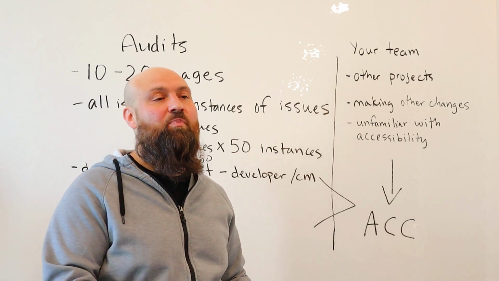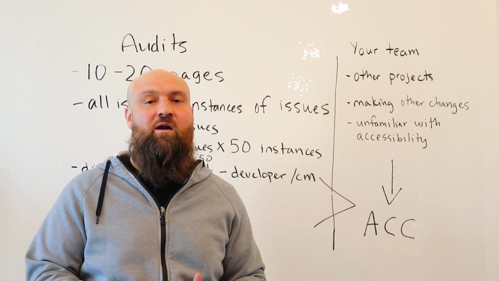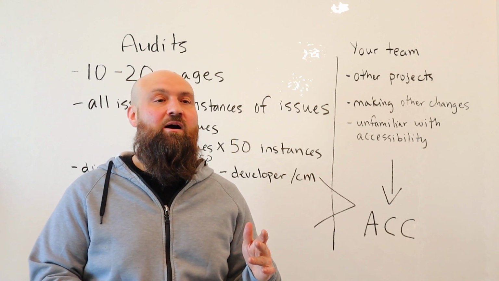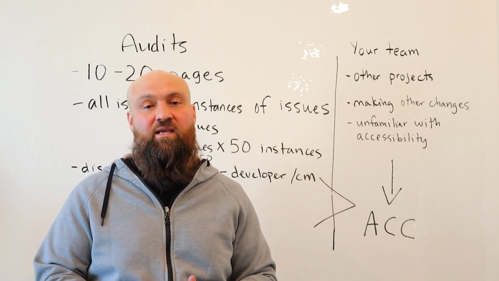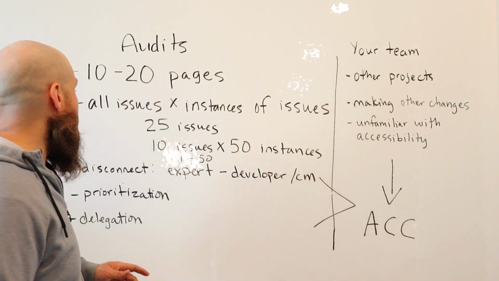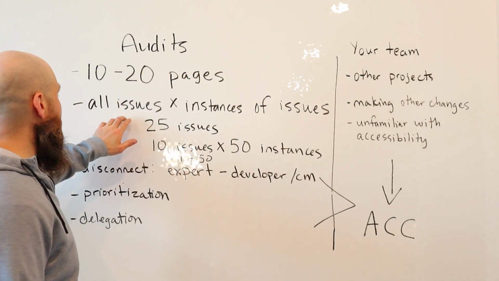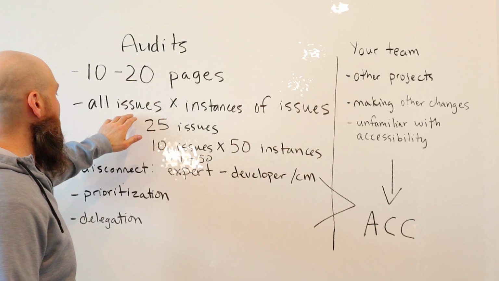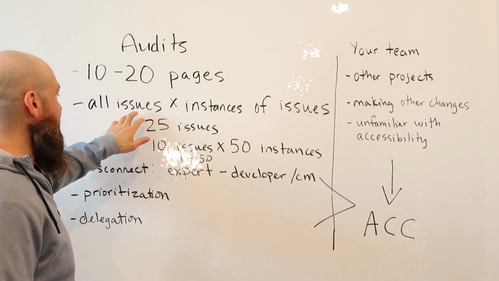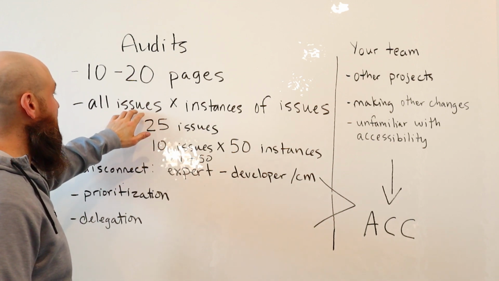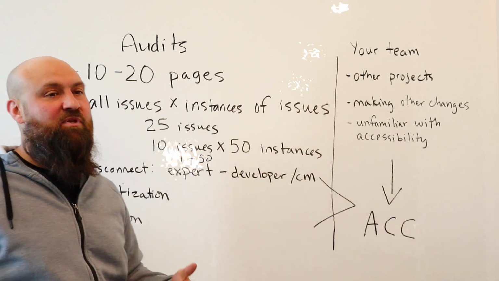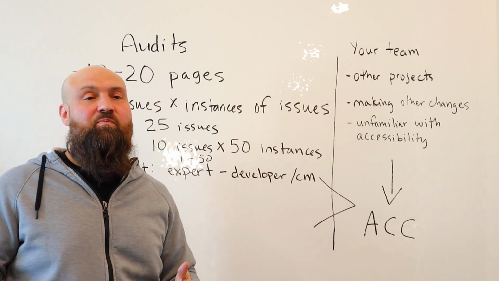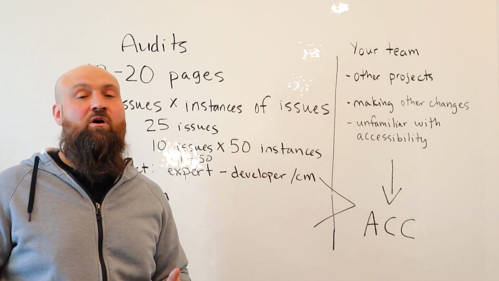This could be the home page, the product page, the cart page, the checkout page. It could be the registration page, the account page, etc. And so the audit is going to return, optimally, all of the accessibility issues that exist on these pages. I say optimally because it really depends on the organization you go with.